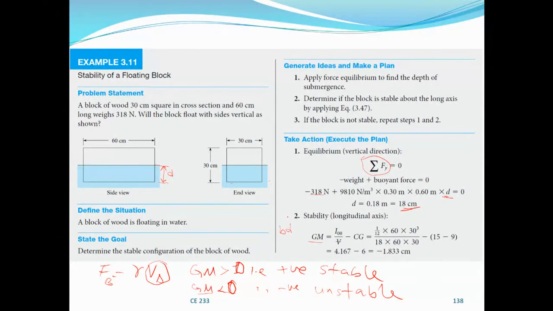From statics, chapter 10, I think the last chapter, we have the moment of inertia for a rectangular section to be BD cubed over 12. This is exactly what we have here. The breadth is 60 and the depth of the section is 30.